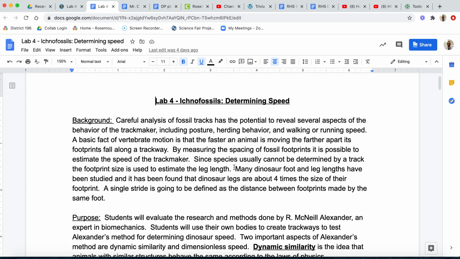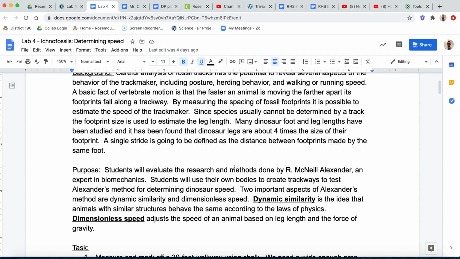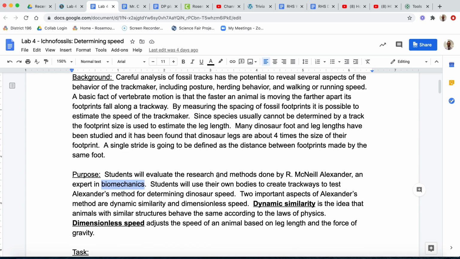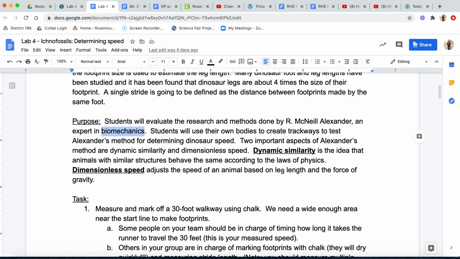Okay, so what we're going to do is take a look at some work done a while ago from Dr. Alexander. Okay, and he focused a lot on creating methods to determine speeds of dinosaurs based on biomechanics. So read through the background here, okay, because there's going to be some discussion about dynamic similarity and dimensionless speed. The definitions are there for you.